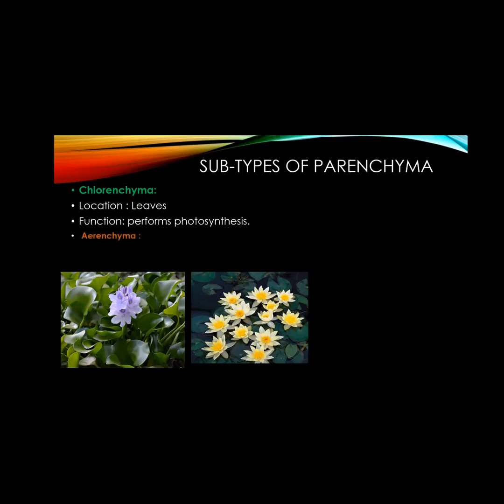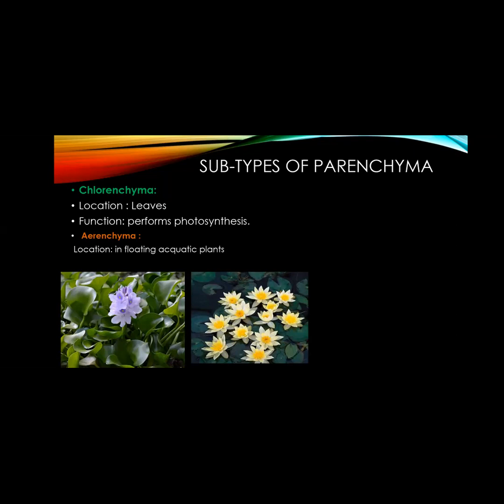The second subtype is Aerenchyma. Here, the parenchyma tissue is modified for storage of air. The tissues have air spaces in them so that it can help the aquatic plant. Aquatic meaning the plants which are observed in water bodies. The plants that are present in rivers, ponds, or even oceans.